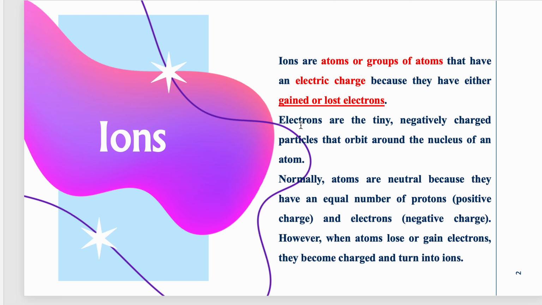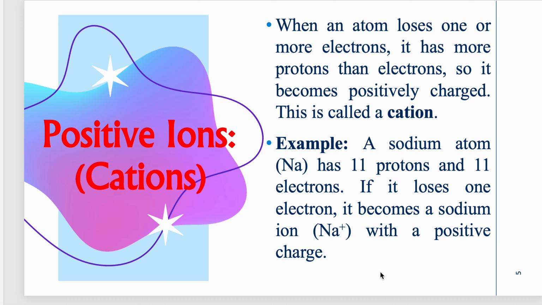Protons and neutrons are located inside the nucleus. Normally atoms are neutral. And why are they neutral? Because they have an equal number of protons, positive charge, and electrons, negative charge. However, when atoms lose or gain electrons, they become charged and turn into ions.